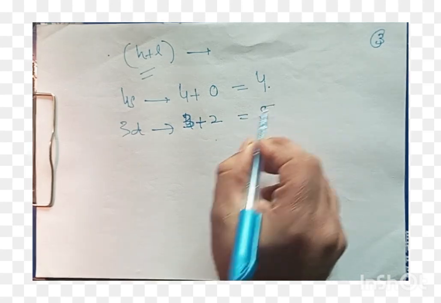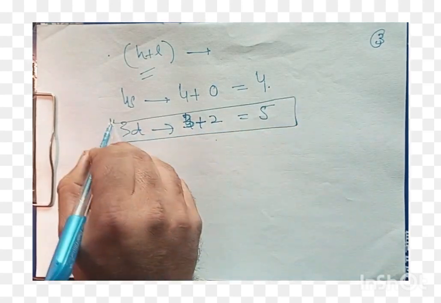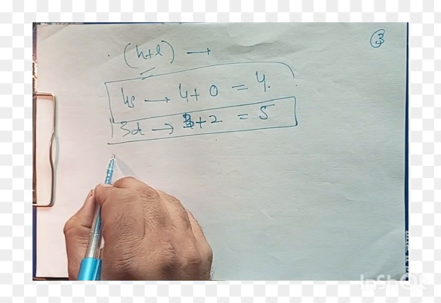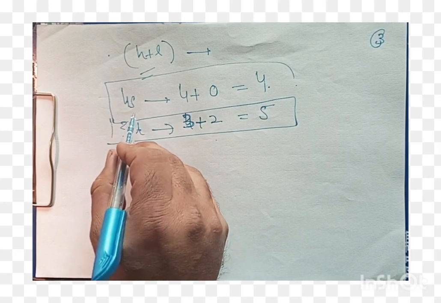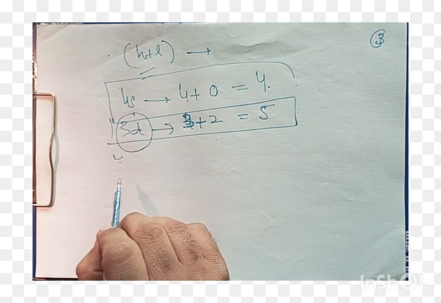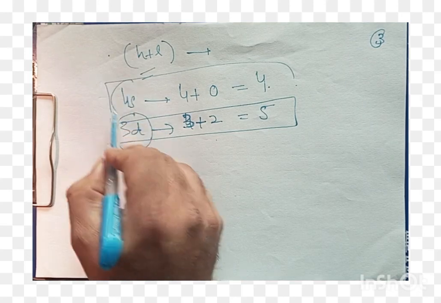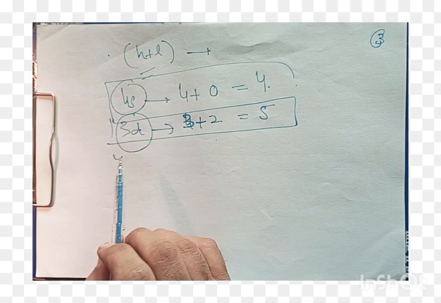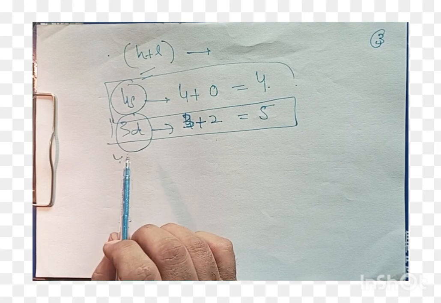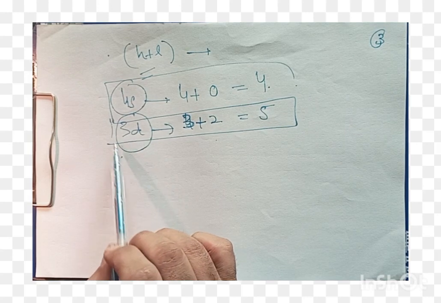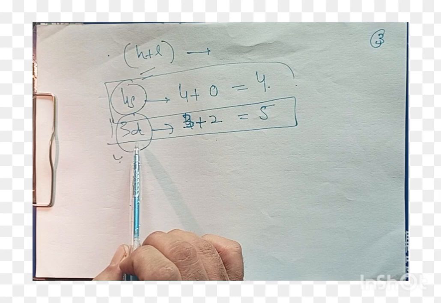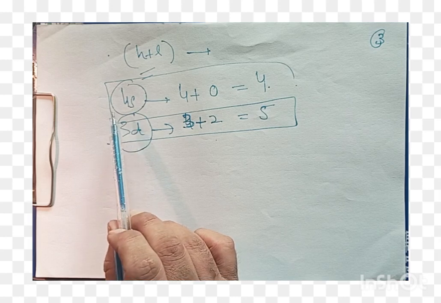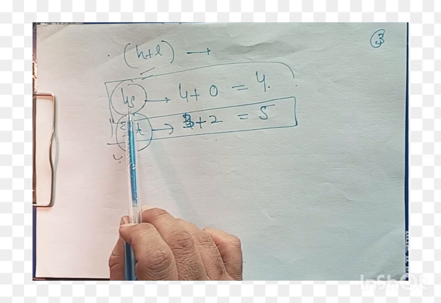So this is going to give me 5. So with this simple illustration, we can understand why the energy of an electron in the 3d orbital is greater than that of the electron in the 4s orbital. The energy that the electron has in the 3d orbital is more than its energy in the 4s state.